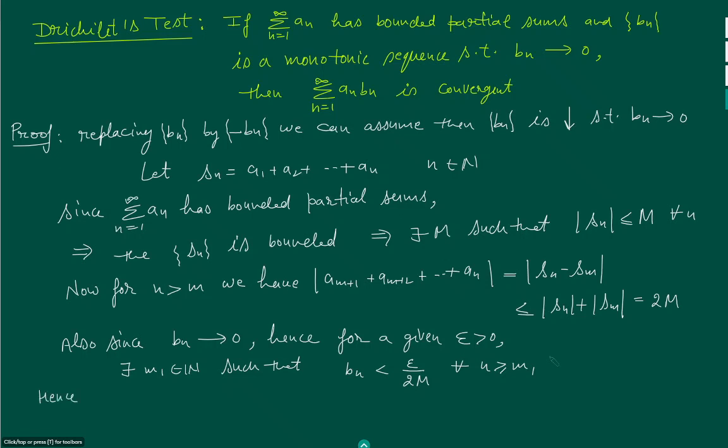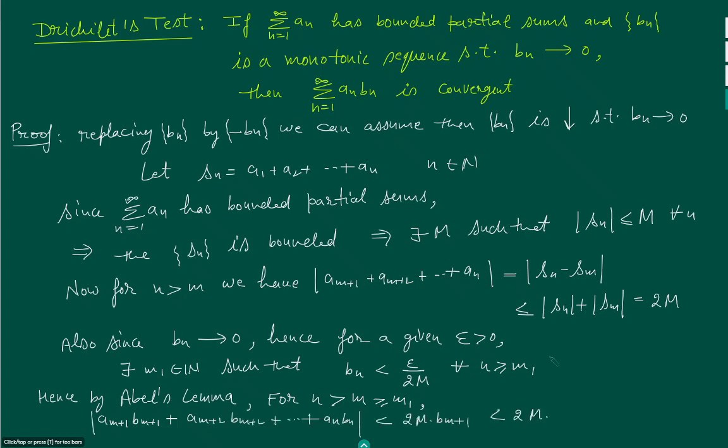Alright, and hence by Abel's lemma, for n greater than m and for m greater than or equal to m1, the modulus of a(m+1) b(m+1) plus a(m+2) b(m+2) and so on up to an bn is less than 2M into b(m+1).